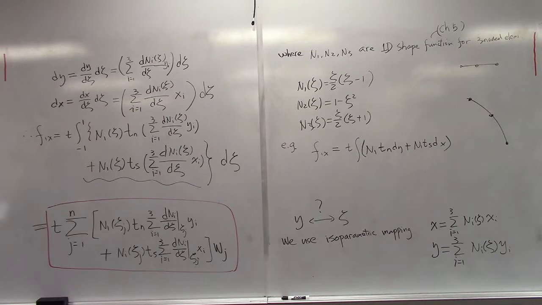You just move it to the right hand side. Okay, so we will leave it until programming time, and we will talk about it. But the important thing is to know how to handle the traction integration, which is the most difficult, and the body force is a little bit easier.